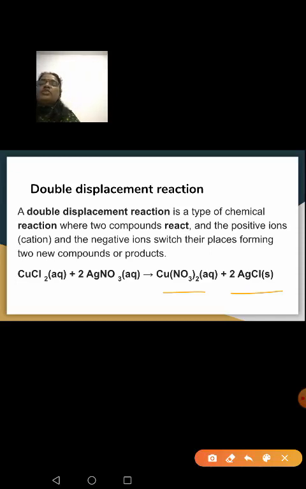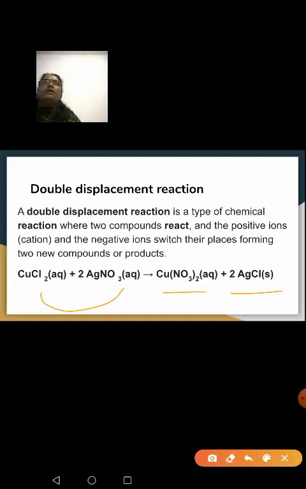Swapping of places, that is, switching of places between your chlorine and nitrate has taken place, right? So when you get two new products or compounds by swapping the places of the positive ions and negative ions of the compounds that are taking part in the chemical reaction, it is what is called a double displacement reaction.